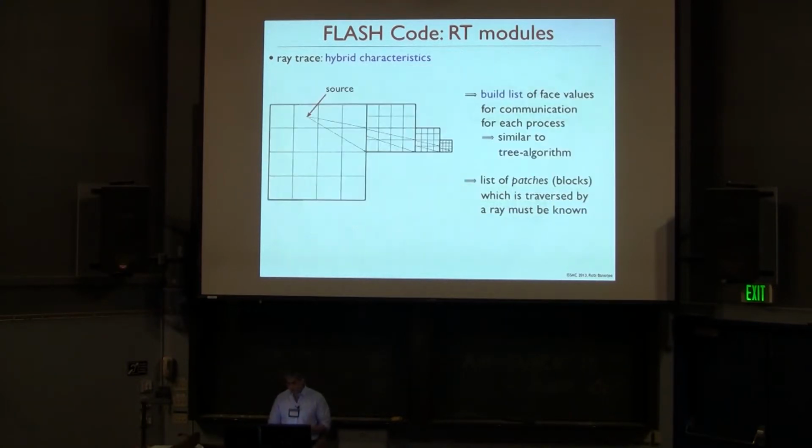So you have to build a list of phase values which a single ray is traversing, and this is a little bit similar to the tree algorithm we talked about already. You build an internal list of patches, which must be added up if you want to get the column density at particular cells away from your source.